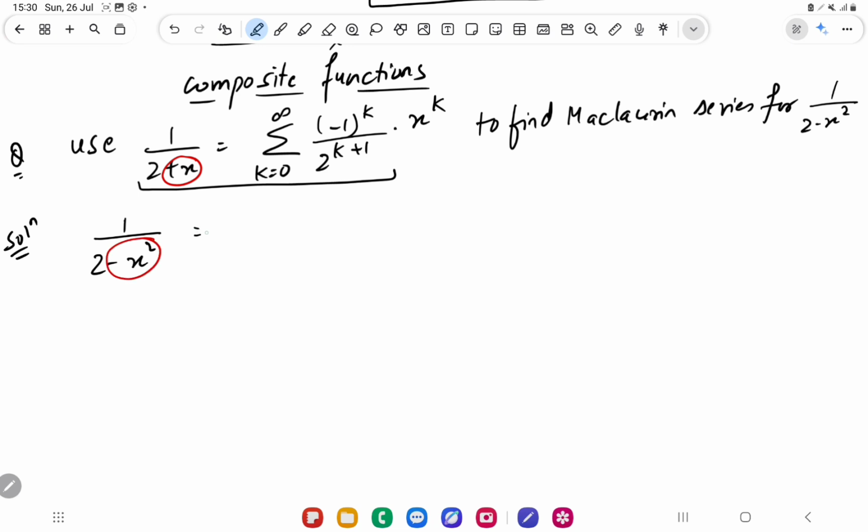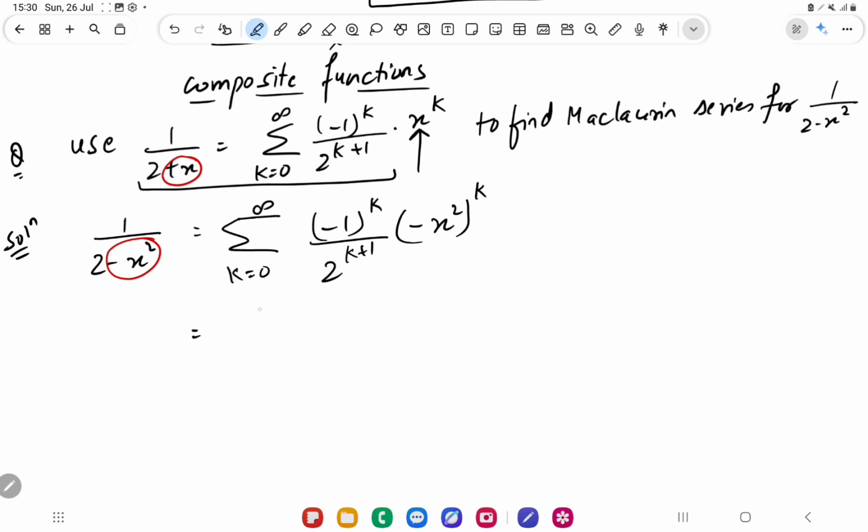So we will first write the summation, that is k equals 0 to infinity, minus 1 to the power k upon 2 into 2 to the power k plus 1. It's a constant, it will not get affected. Now we will look at this x. We will replace this x with minus x square, and then we can write it like this. Now our work is done. We just need to simplify it further.